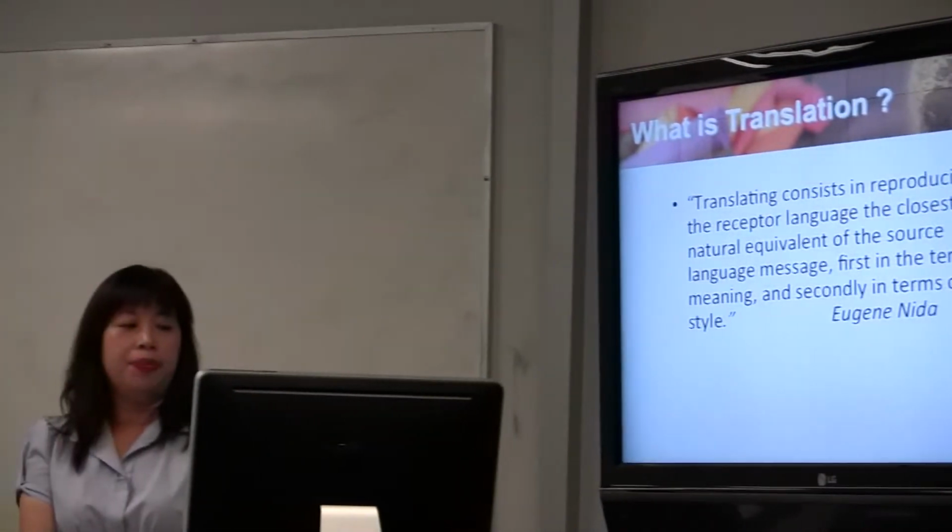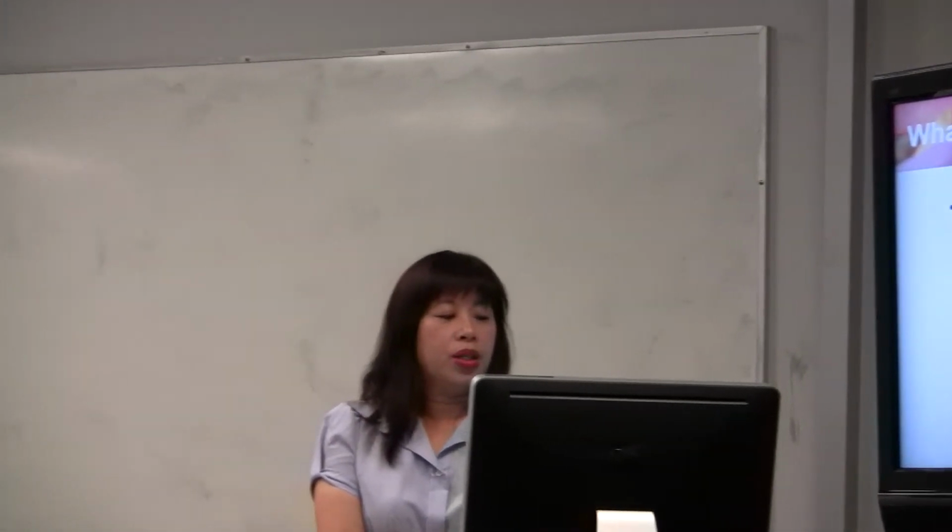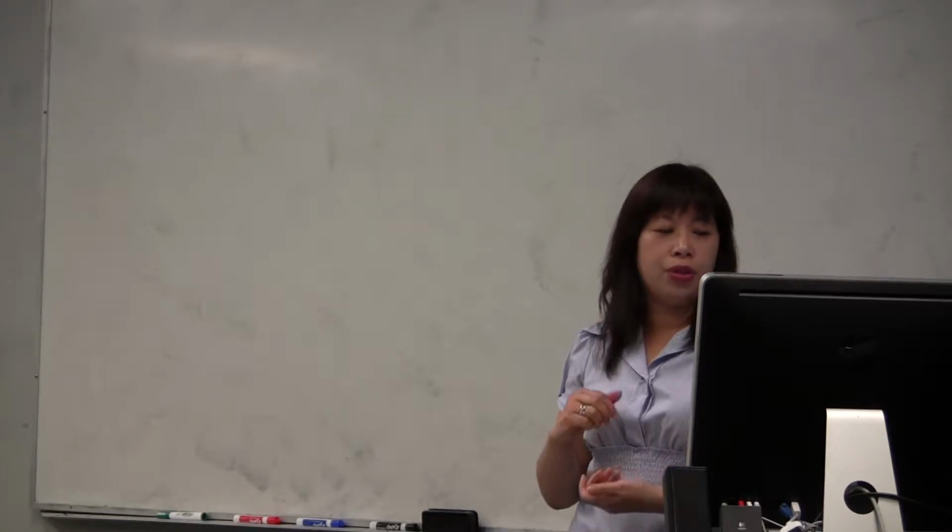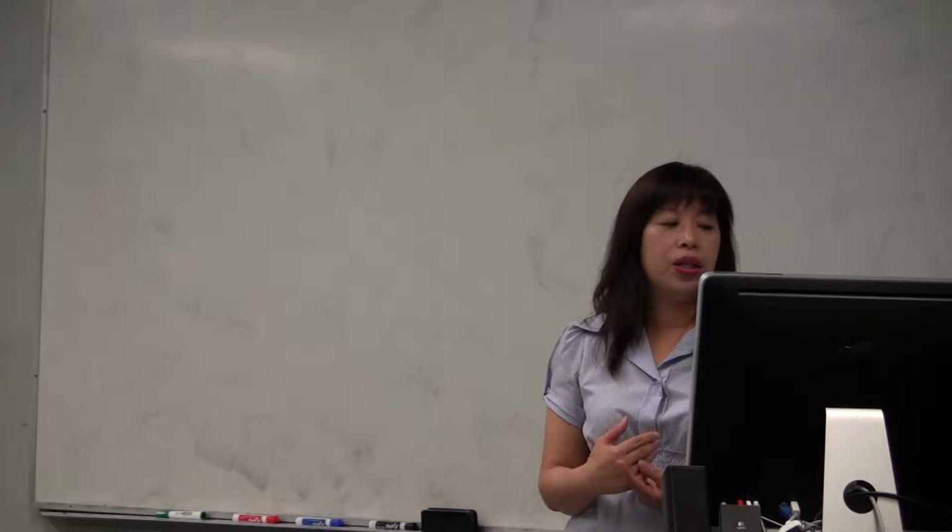So basically, as translators, we are doing something to reproduce the language. But there is something you have to pay attention to: when you do the reproducing process, it has to be the closest and natural equivalent of the source language message.